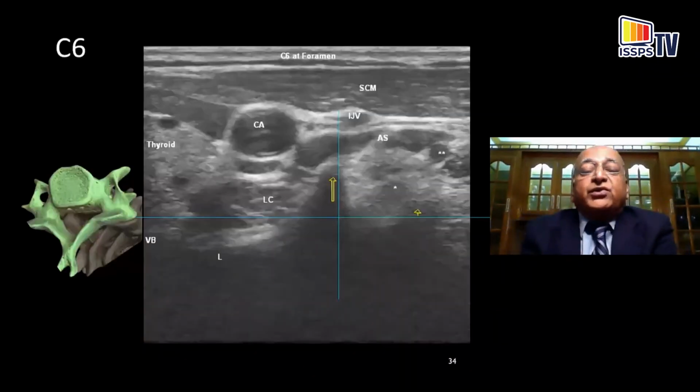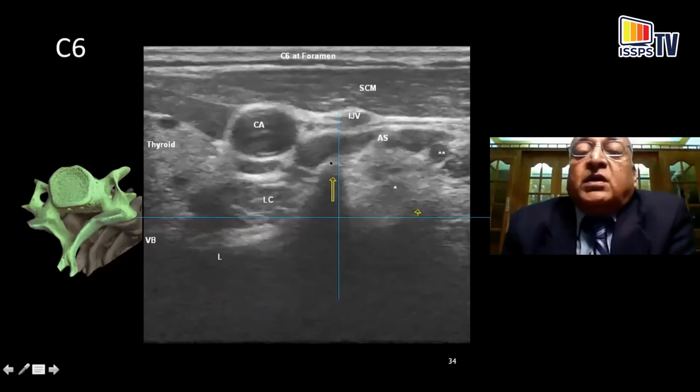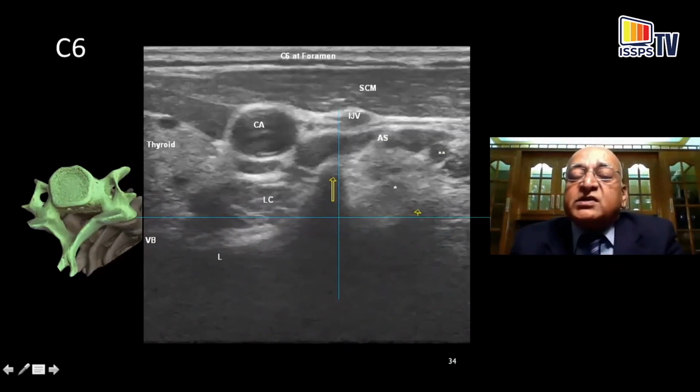Moving further down to C6, you have the Chassaignac tubercle, the anterior tubercle of the C6 cervical spine. So here you have the vertebral body medially, and you can see the thyroid just above that. The anterior tubercle, the Chassaignac tubercle, is the tallest tubercle that serves as a landmark for you to identify the various levels from there on.